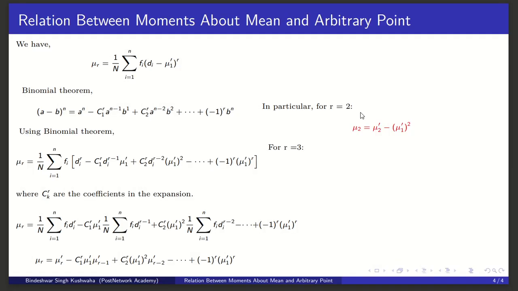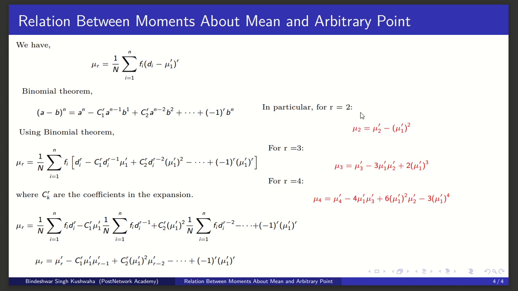If we put r is equal to 3, we will get mu 3 prime minus 3 mu 1 prime mu 2 prime plus 2 mu 1 prime cube. And if you put 4, you can see the expression with mu prime 4 and other parts.